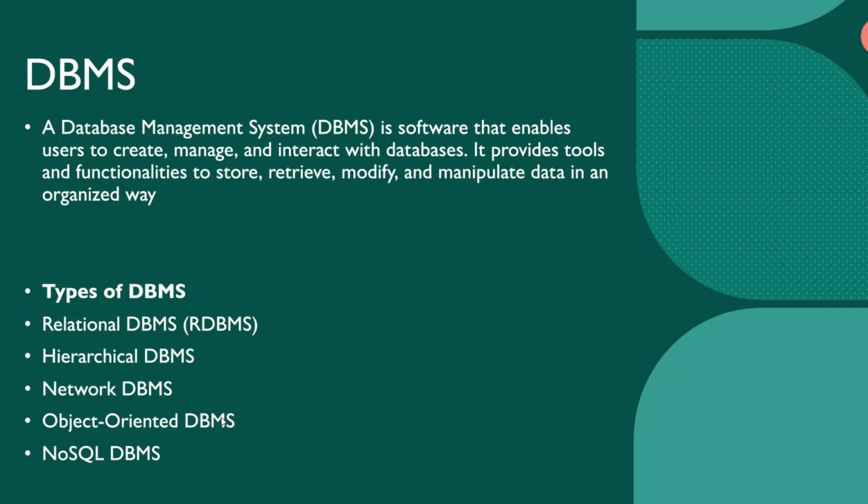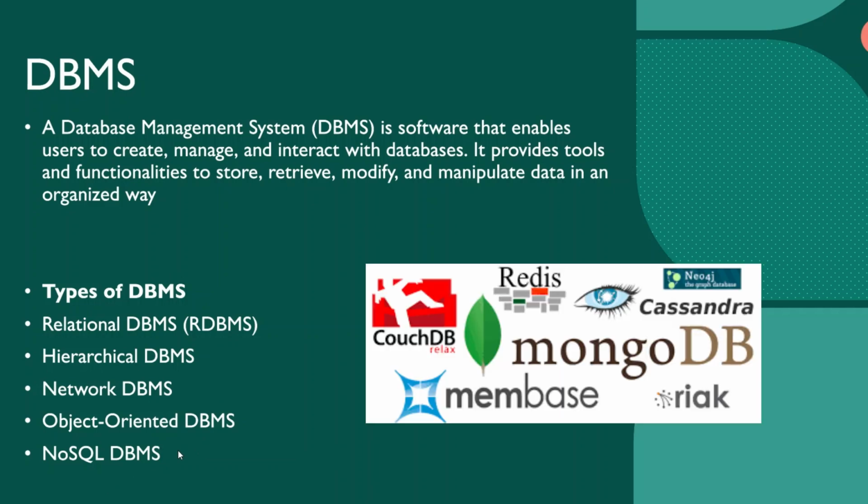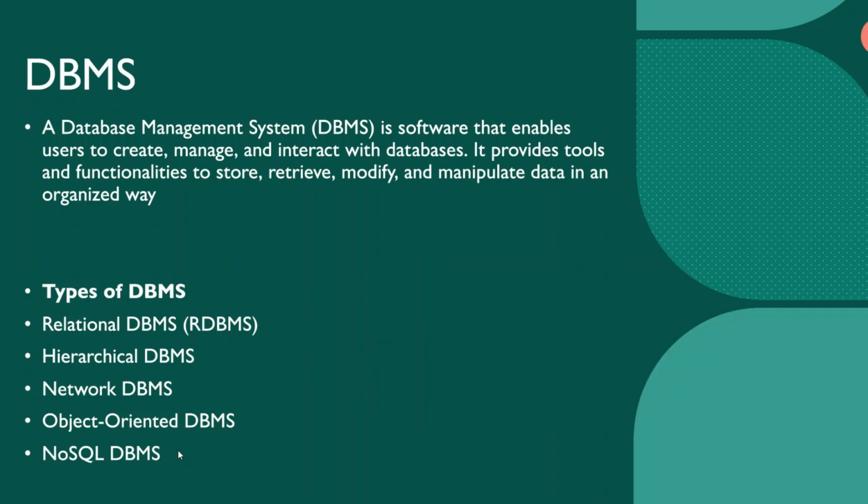There is also NoSQL DBMS, which is designed for unstructured or semi-structured data while providing high scalability. Some examples are MongoDB, Cassandra, Couchbase. Let's understand some real world examples of DBMS usage. Suppose there is a banking system. To manage the customer accounts, their transactions and the balances, we can use a DBMS.